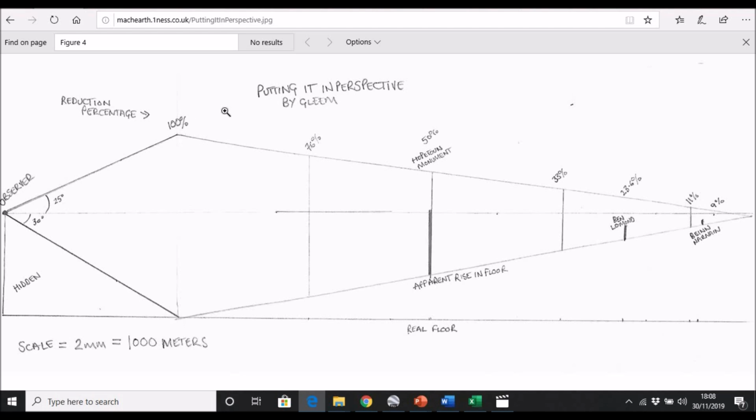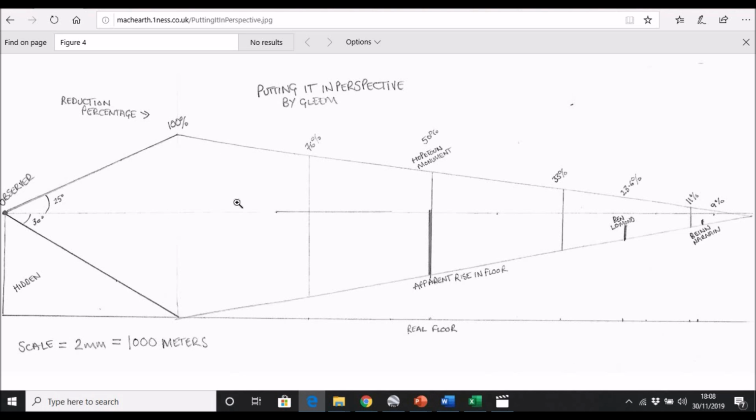But there's no reason why this line can't continue, and 100% could be from here down to the ground, or even from here down to the ground at an angle. This hasn't been explained, and it really doesn't make a lot of sense.